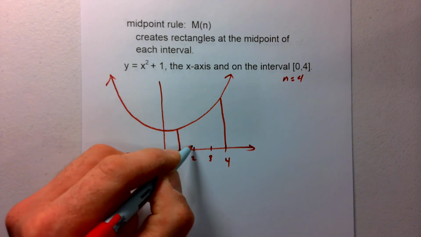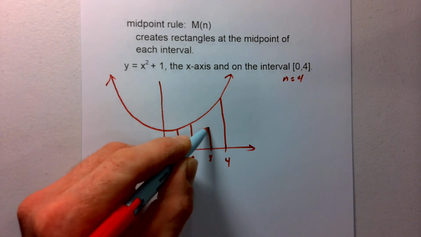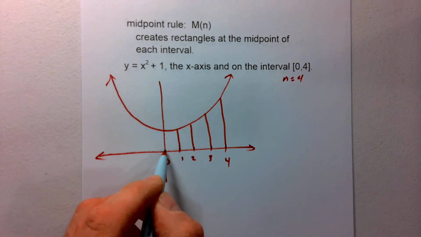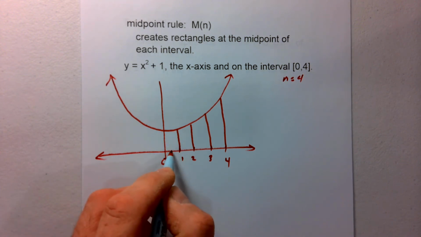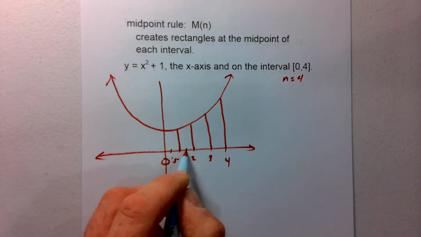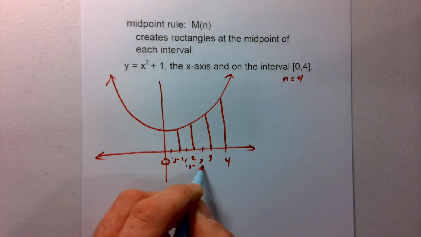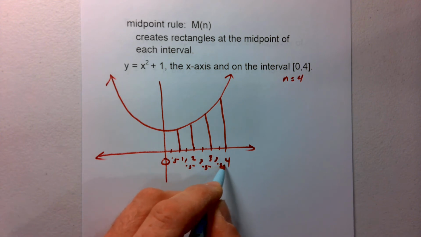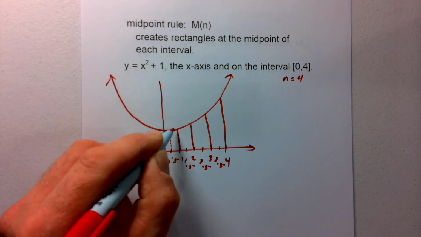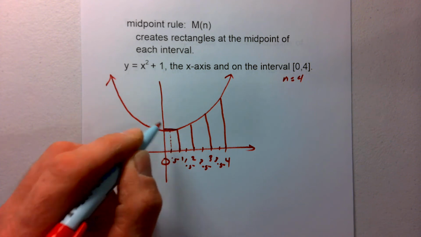So if I create my rectangles, or my regions first, I go there. But now what we're going to do, instead of taking the lowest point or the highest value, we're going to take the midpoint. So we're going to cut it at 0.5, 1.5, 2.5, and 3.5. And what we're going to do now is come up to our function and create a rectangle there.